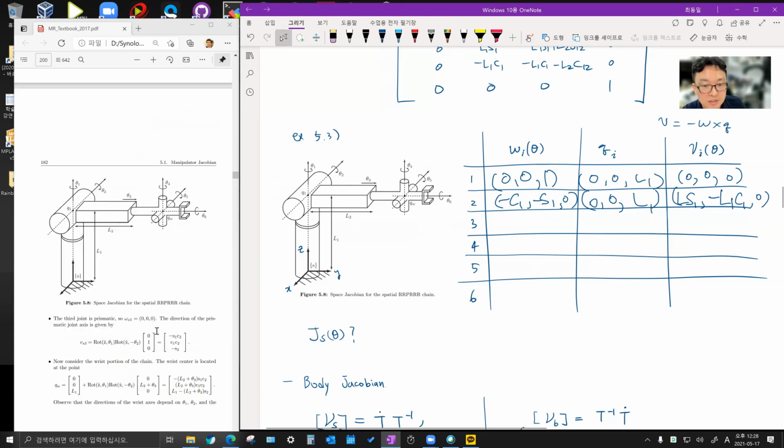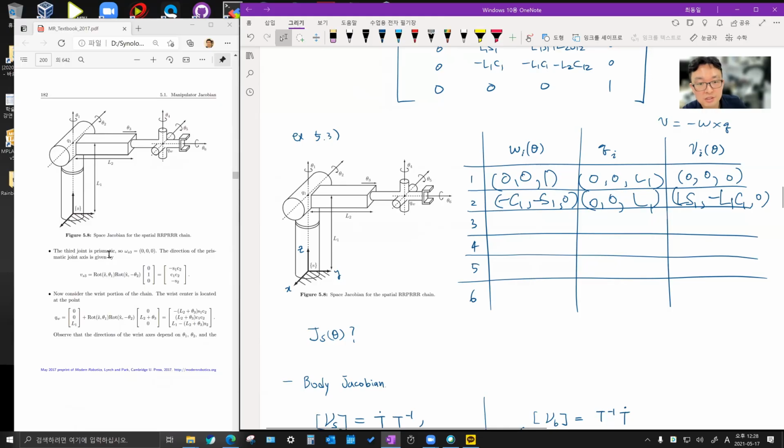So in case of theta 3, this one is a prismatic joint, so translational movement. So in case of omega, it becomes 0, 0, 0.